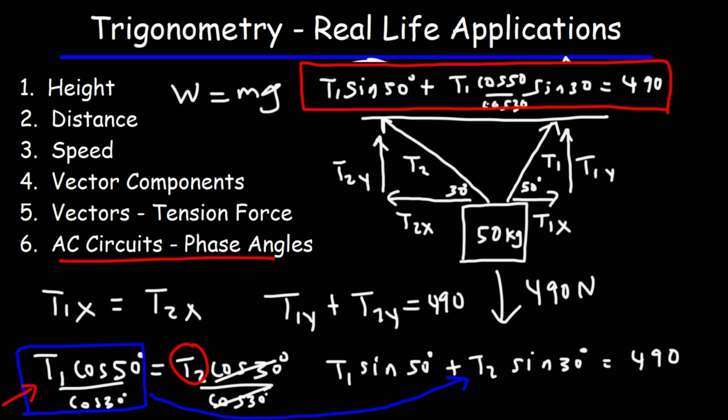In an AC circuit, the voltage and current are constantly changing. And the concept of phase angles becomes relevant here. I'm not going to go into too much detail on that topic. You can look it up yourself, but that's another real-life application of trig, in AC circuits.